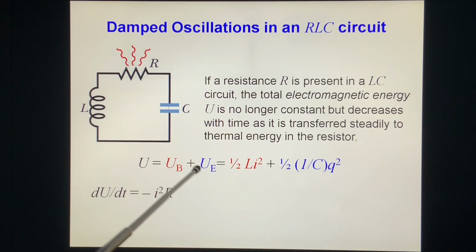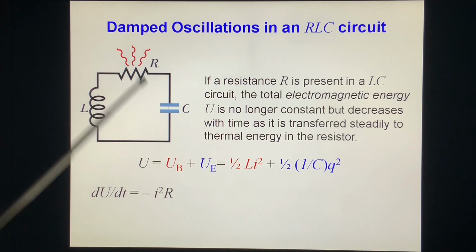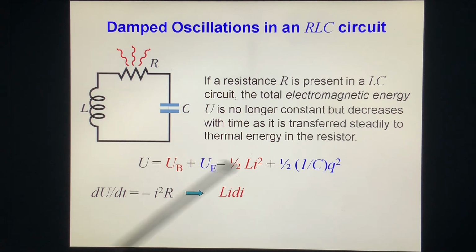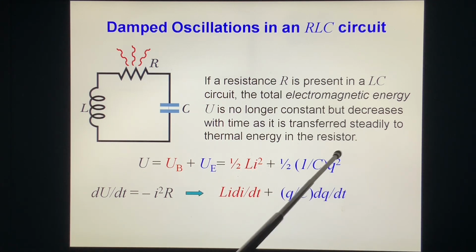The energy reduced should be consumed in R. It's I squared R. This is a minus sign because they reduce. Okay? And we put this one inside. We do the derivative. The 2 and half cancel, L i di/dt. The 2 and half cancel out. Okay.